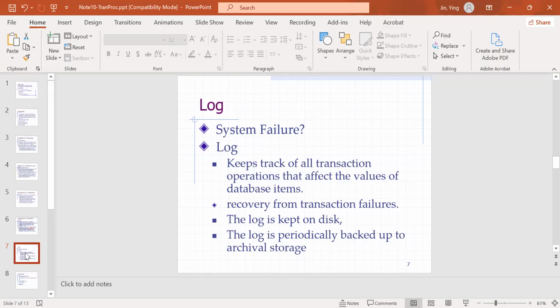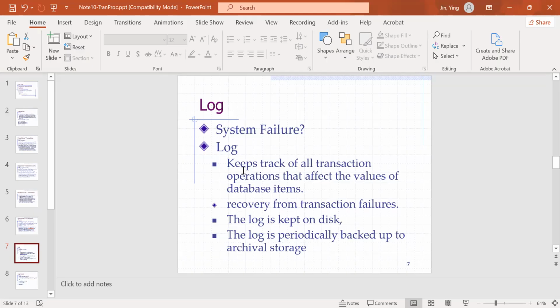What can we do? The way to handle this is using a log. The log keeps track of the transaction operations, especially the ones that change database values. The write operation is the most important one, but the log keeps the read-write operations.